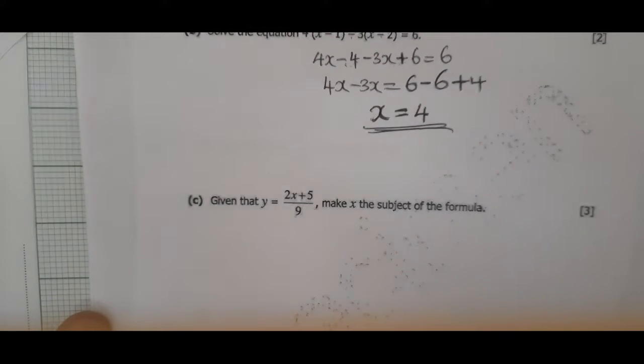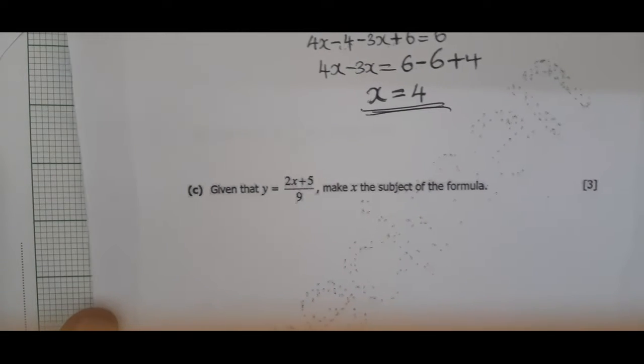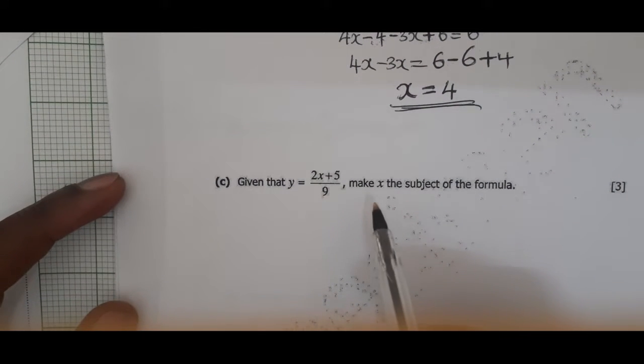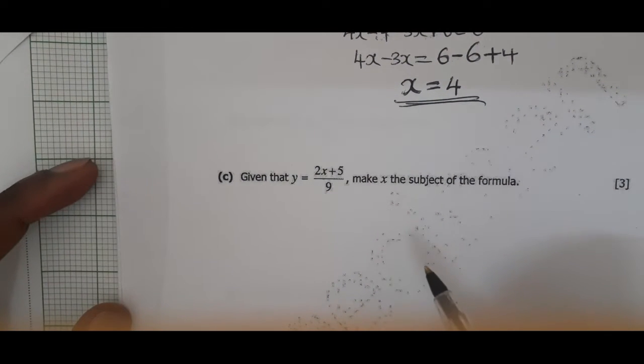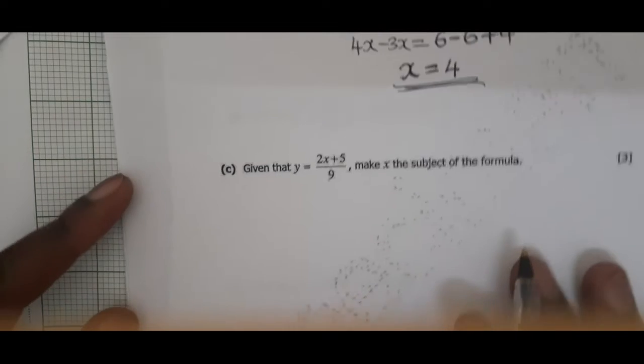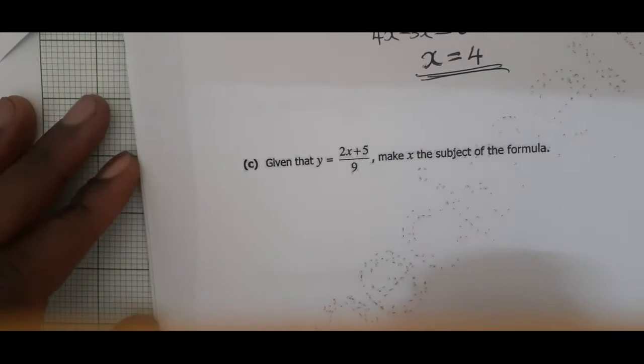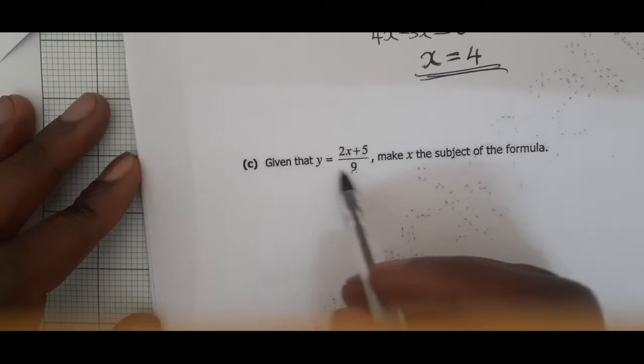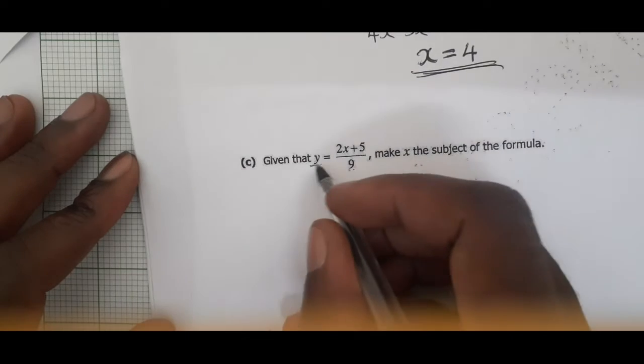Then here we have another question where we are asked to make x the subject of the formula. How do we make x the subject of the formula? It's as good as saying we are solving for x. So if we are solving for x, the first thing we are supposed to do is to cross multiply. It's like here we have 1.